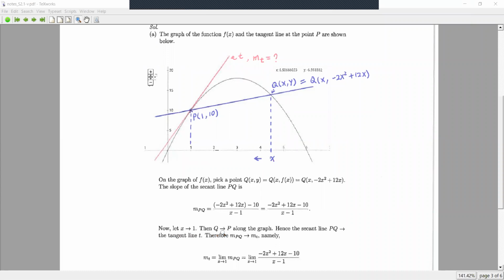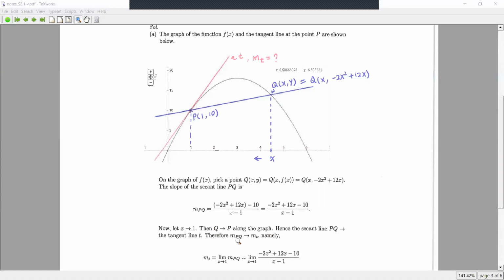Yeah, point Q will approach the point P along the graph of the function. Hence, the secant line PQ will approach the tangent line. When the point Q approaches the point P, the blue line, the secant line, will approach the tangent line, the red line.